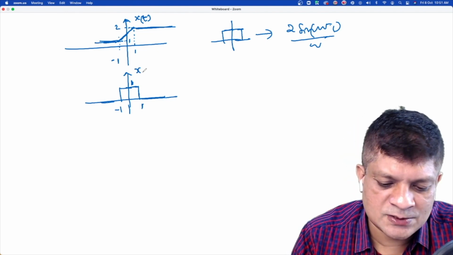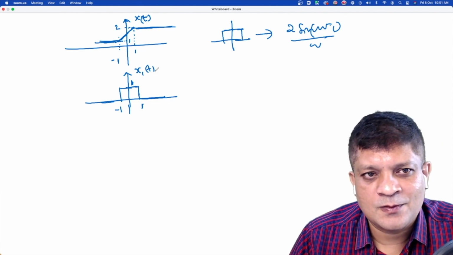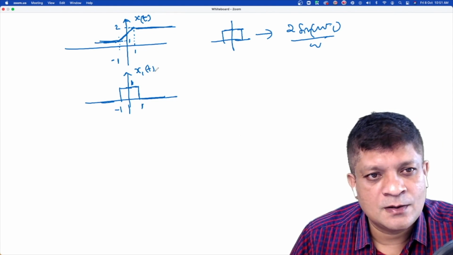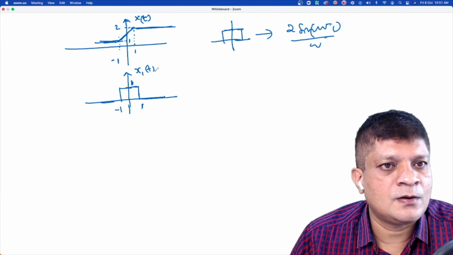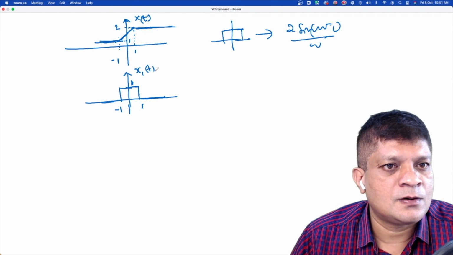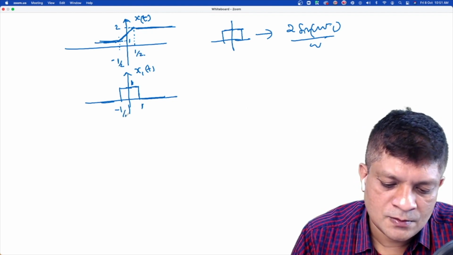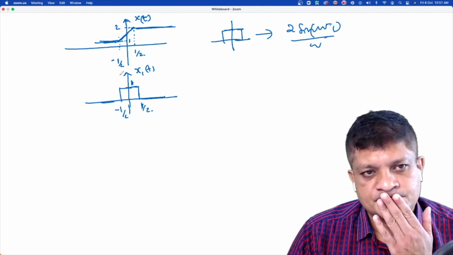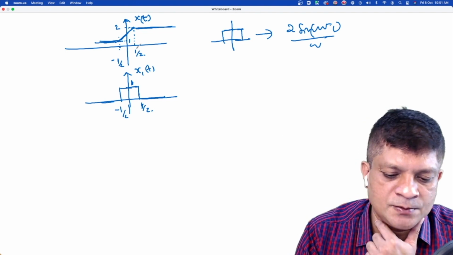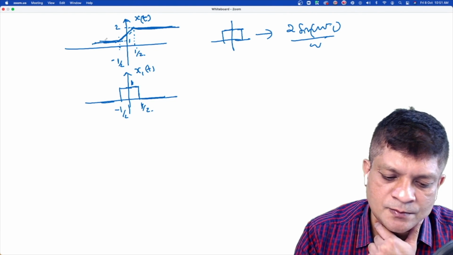Let's say this is x1(t). Oh, okay, no. This is from minus 1 by 2 to 1 by 2, and the amplitude is 1. This is linearly increasing. After that it is 2. Here it is 1.